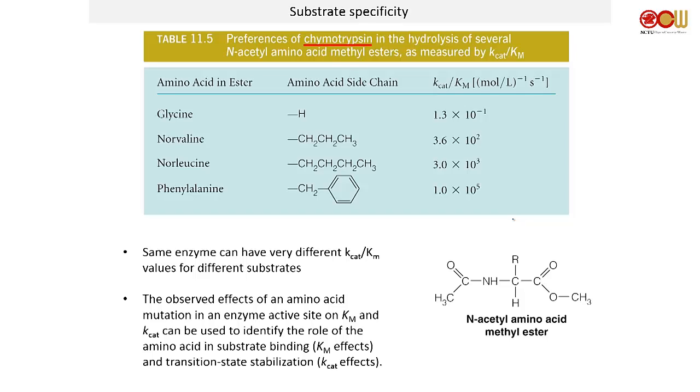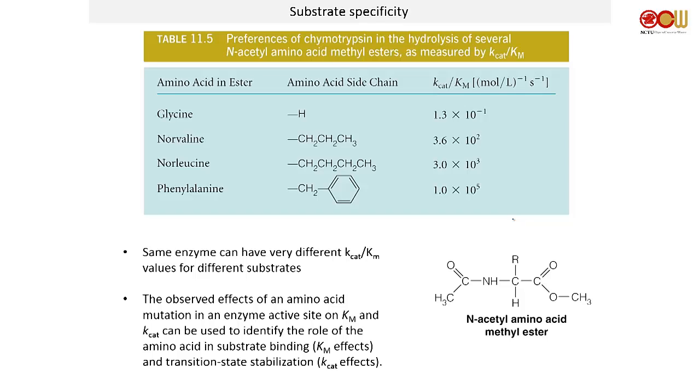This is chymotrypsin. Okay? Preference of chymotrypsin in the hydrolysis of several N-acetyl amino acid methyl esters. Right? So their substrate, their model is not peptides per se because it's hard to measure. Here they use a model substrate, amino acid methyl ester. Okay? And we know that chymotrypsin likes to cut bulky R group amino acids. Right?